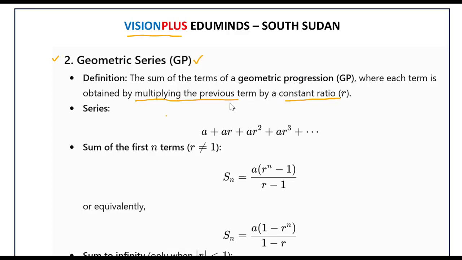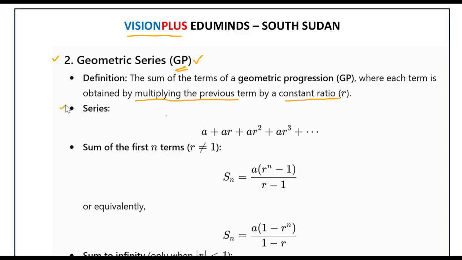But in this case, we are multiplying a previous term by a common ratio R. So the distinguishing feature of a GP is that there is a constant ratio called a common ratio R, and to get subsequent terms, we multiply previous terms by the common ratio R.